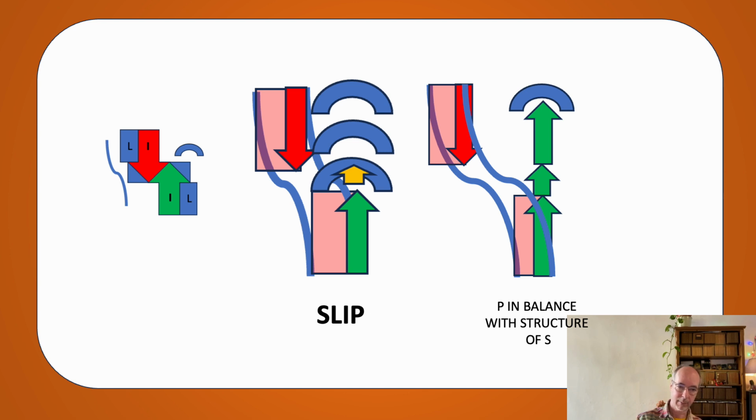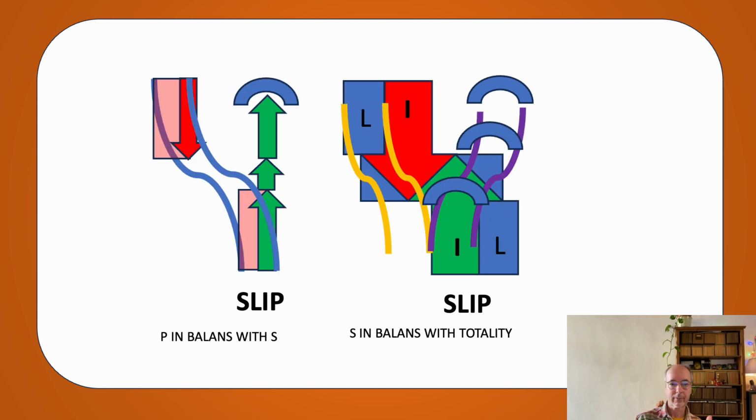And now we combine it with the S, which will also go in 2 ways all the way. So the P has to become in balance before it can be pressed out all the way, and the S should be in balance, and then we have an end result.